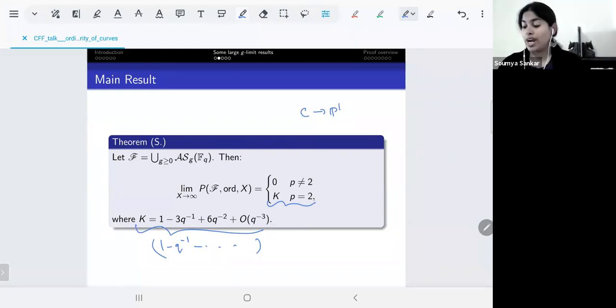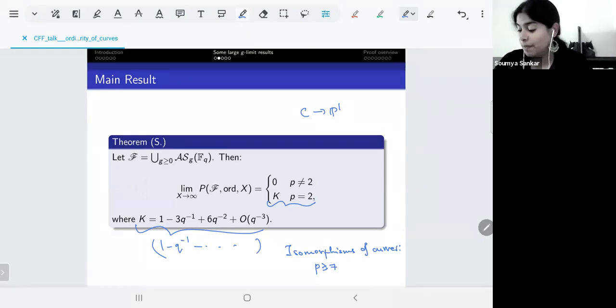However, if you try to count up to isomorphism of curves, then the same is true at least for p bigger than or equal to 7. So 0% of these curves are ordinary.